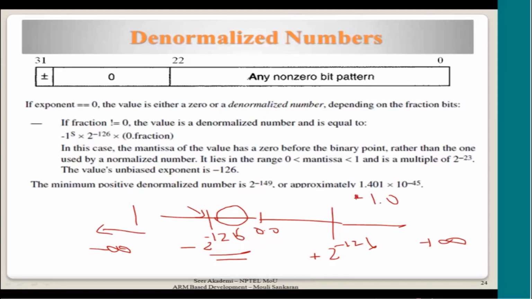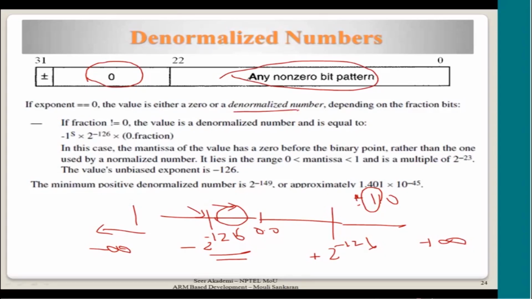That's a normalized notation. Suppose I can do away with this 1.0, then I have the freedom to go into a much lower value than this. That is what is used here. That means if the exponent portion is all 0 and a non-zero bit pattern is given, then it is no longer a normalized form.